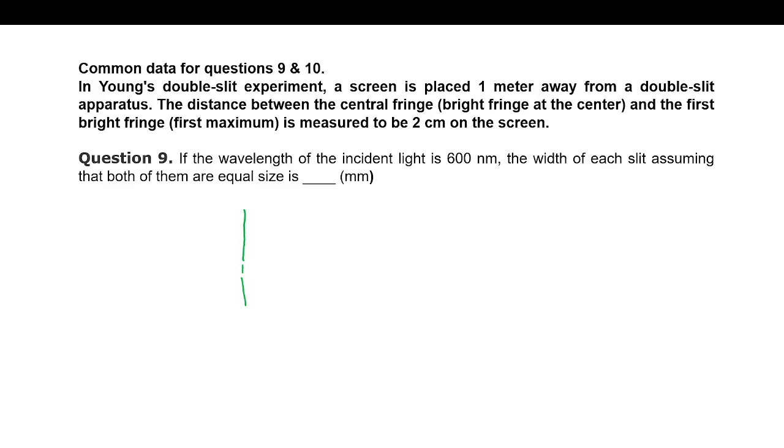Your screen is this much far, which is 1 meter, and you have the bright fringe at the center. I'm not able to make it properly, and you have the first maxima here. These are the first maxima. So it is mentioned that from this place to this place, the distance is 2 centimeter.